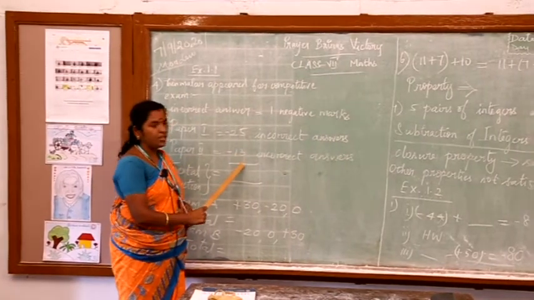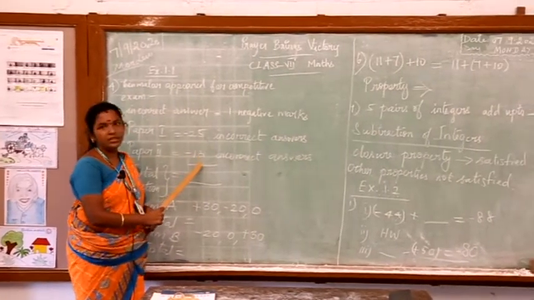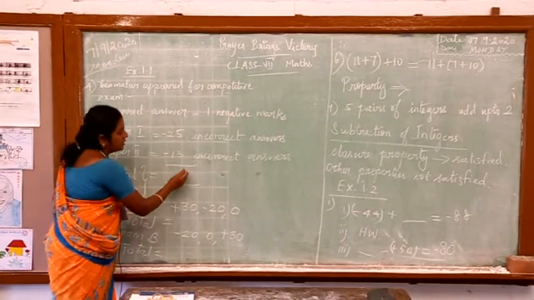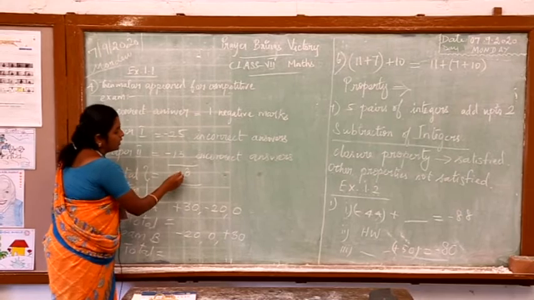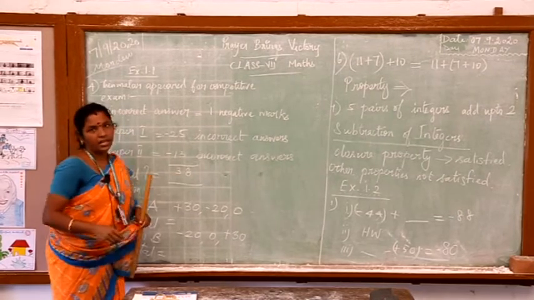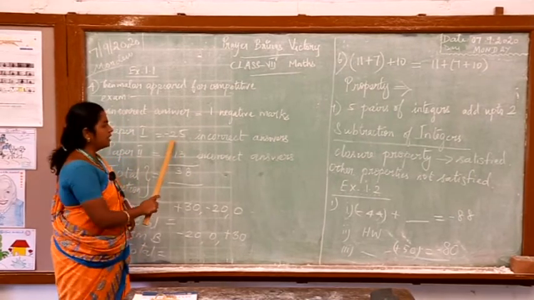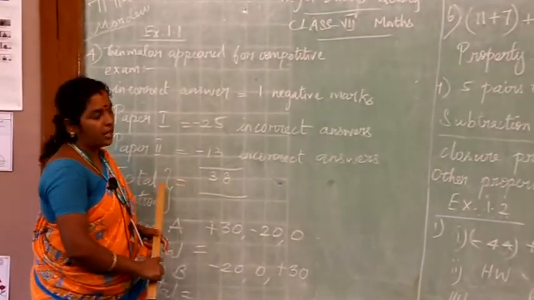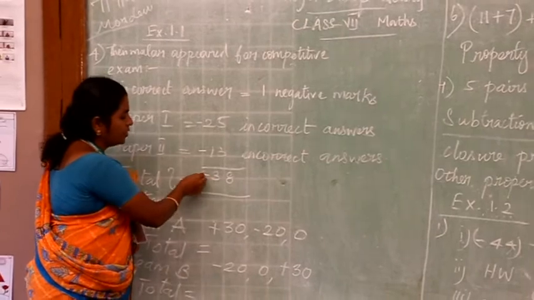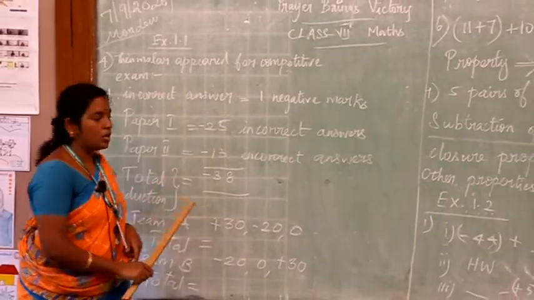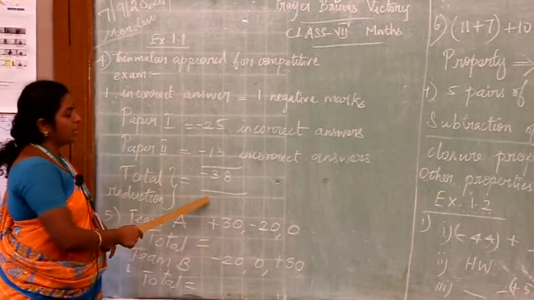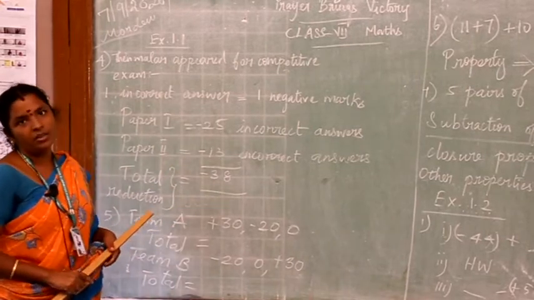Adding 25 and 13: 5 plus 3 is 8, and 2 plus 1 is 3, so 38. Minus and minus, same sign, so we add and put the same sign, minus. The total deduction of marks is minus 38 for Tenmalar.